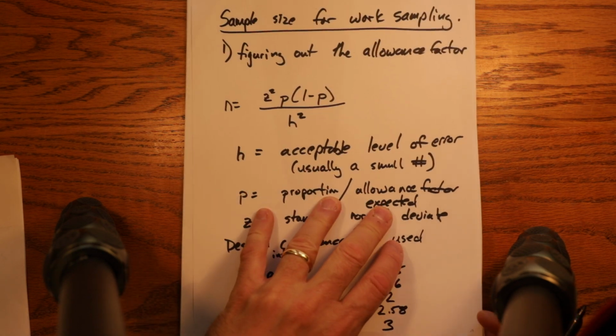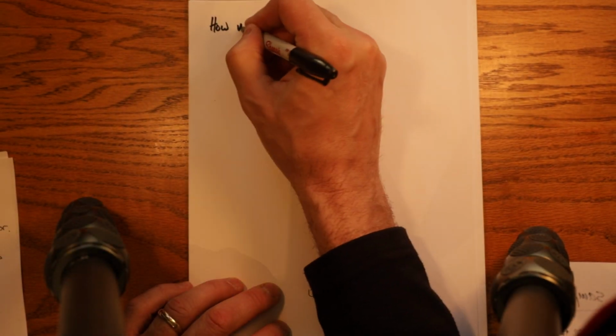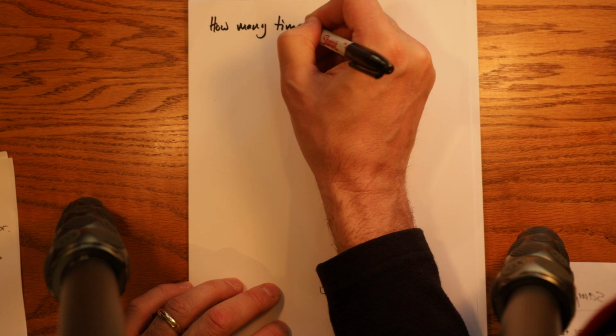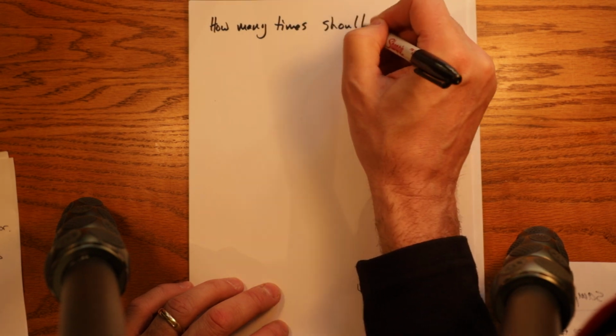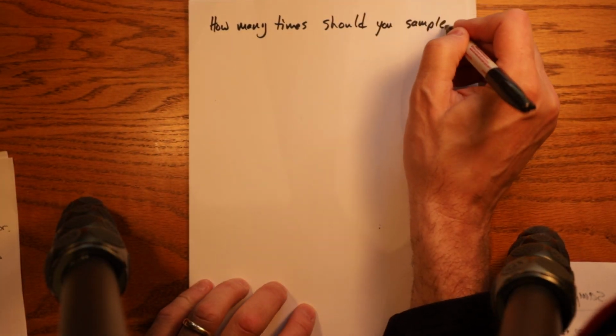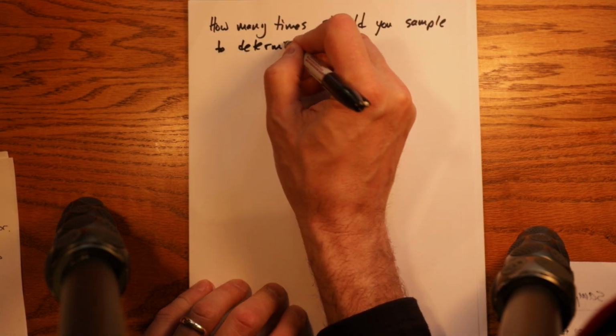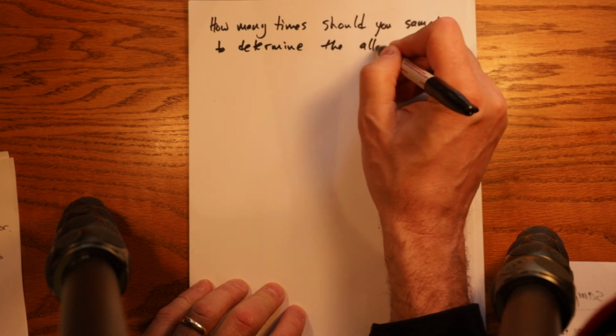So if that's the approach, let's do an example. So the question becomes, how many times should you sample to determine the allowance factor?